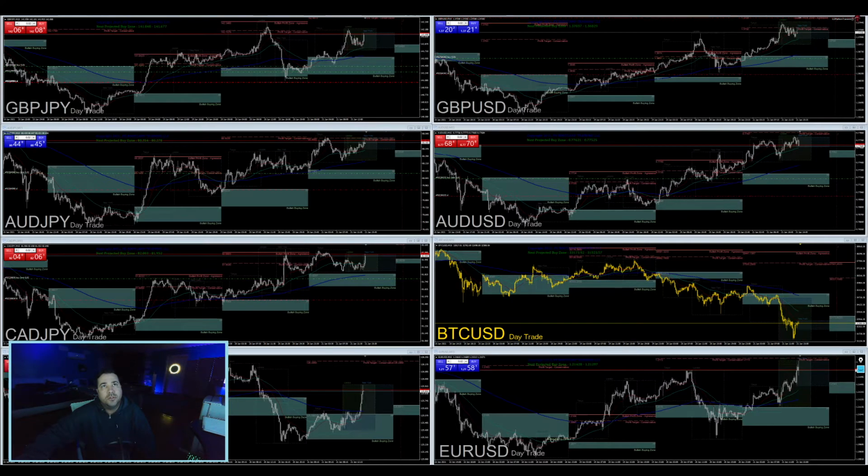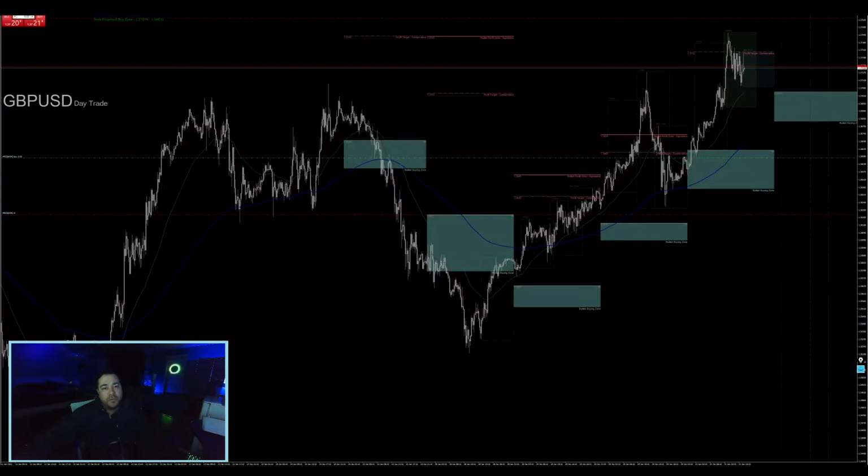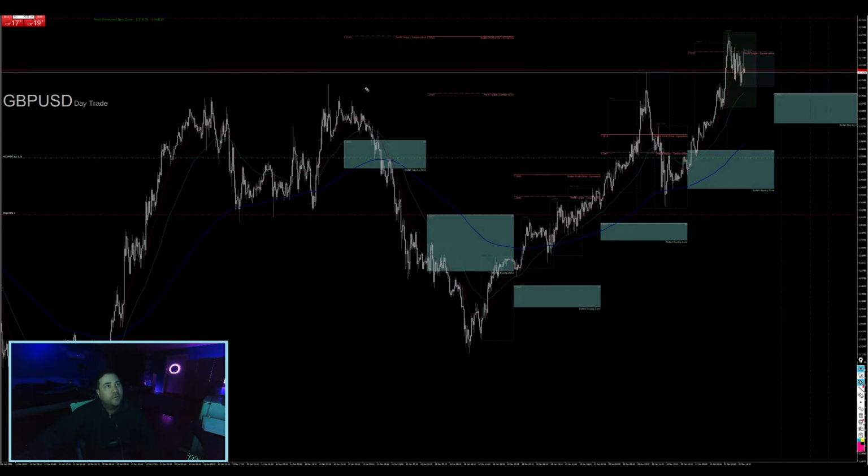Okay, so GU didn't close as bullishly as I was hoping. In the last 2 minutes we had that candle wick pull right down. That's my candle wick right there. So we're struggling right now, but we're still above all this right here.